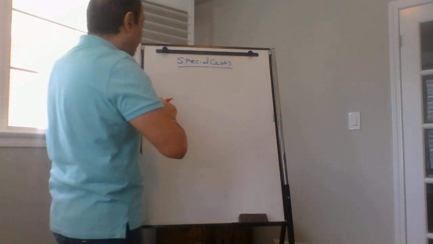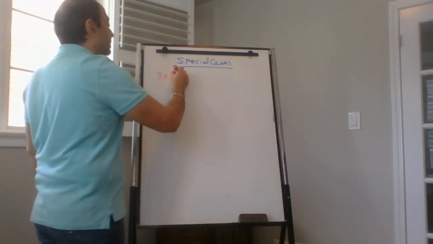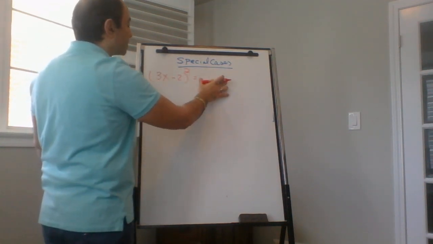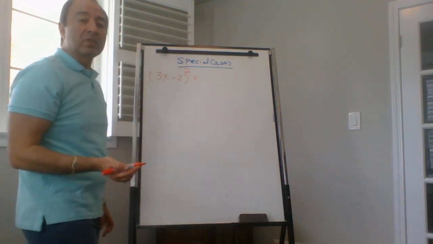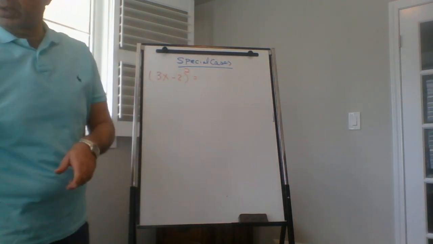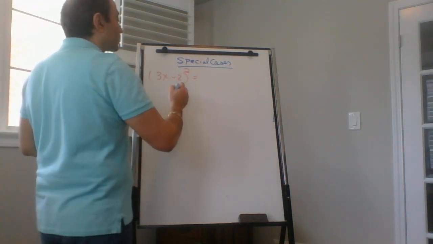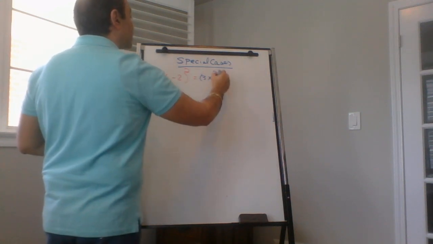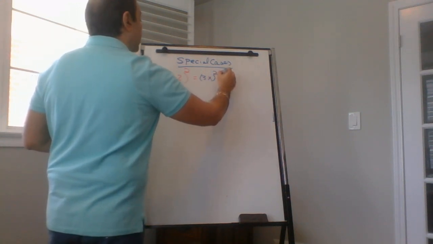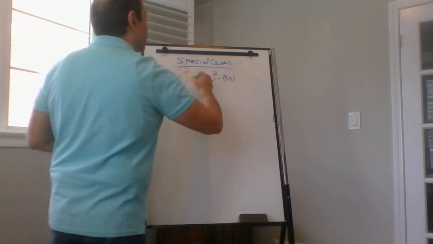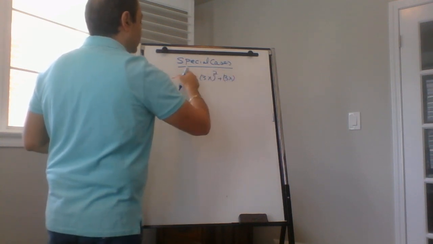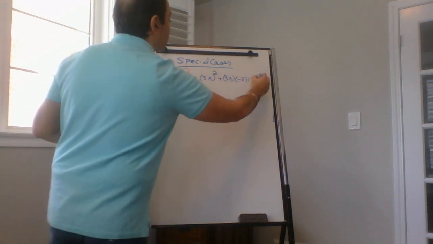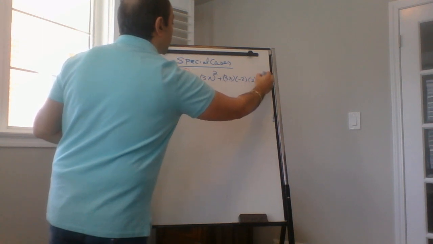Let us say I have (3x minus 2) squared. I can do this using FOIL, multiplying 3x minus 2 times itself, or I can use the shortcut. The shortcut says square the first, so (3x) squared, then first times second times 2, so negative, 3x times the second times 2, then square the second, so plus 2 squared.